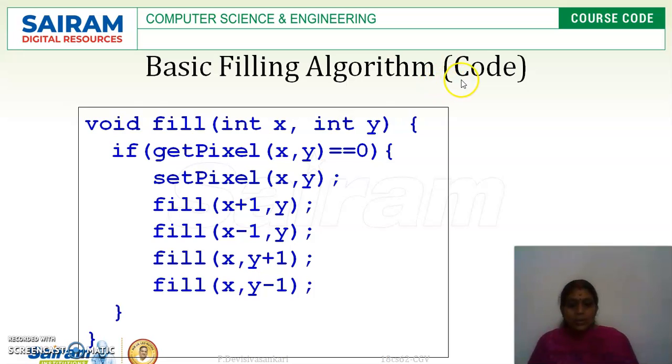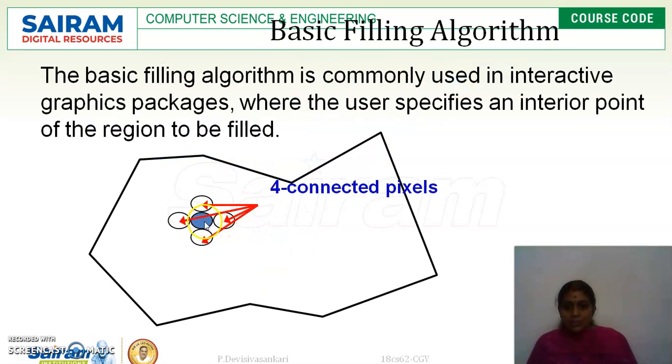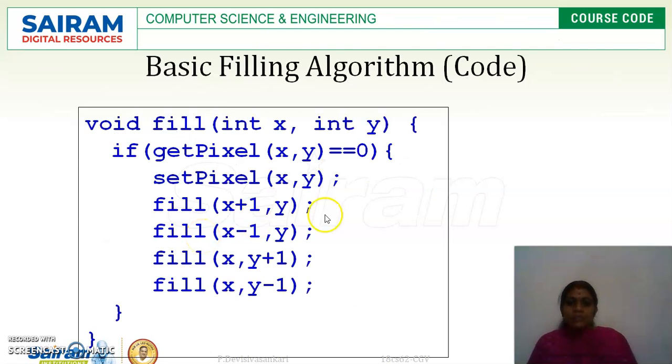We set the pixel, then find the x plus 1 value, x minus 1 value, y plus 1 value, and y minus 1 value, based upon these four connected pixels.